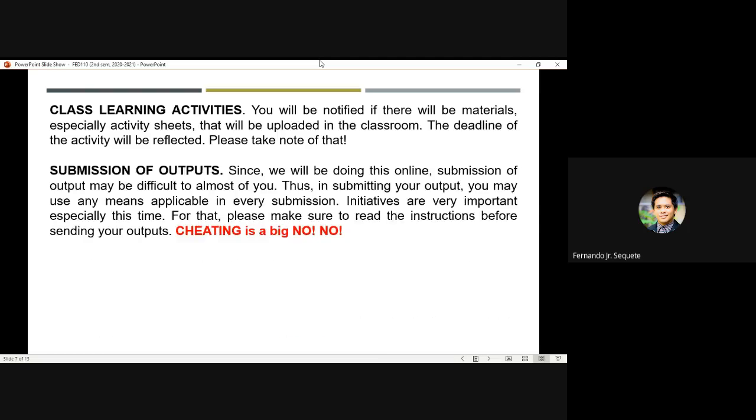The other one is the submission of outputs. Since we will be doing this online, submission of output may be difficult for almost all of you. Correct? You all have problems when it comes to virtual classes. Yes, sir. Mainly we have problems on resources. You are experiencing a lack of resources, and I, as a teacher, acknowledge that you have problems when it comes to virtual classes.